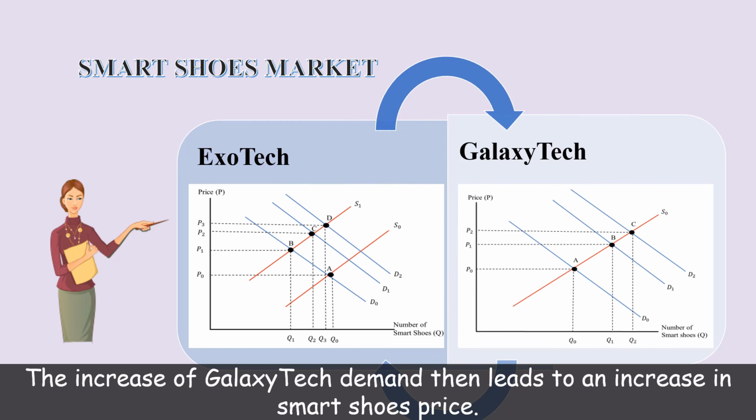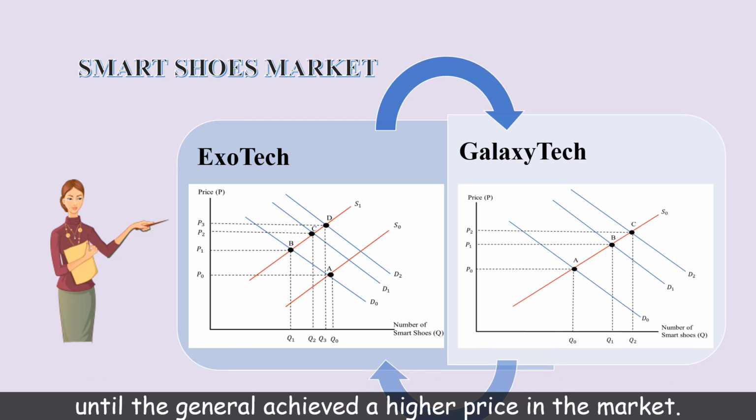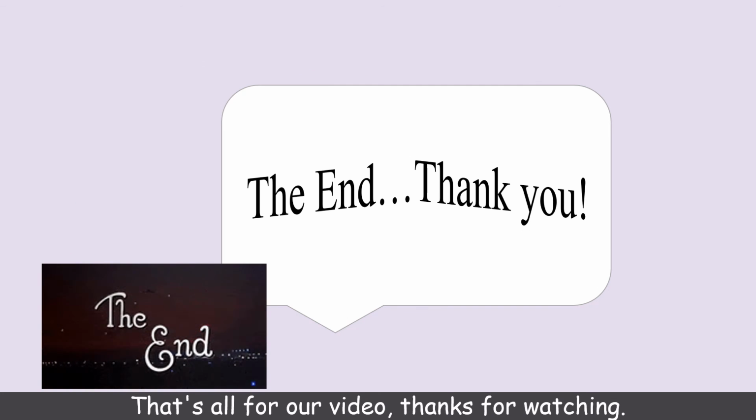The increase of GalaxyTech demand then leads to an increase in smart shoes price. The feedback effect and spillover effect will continue affecting both of the markets until the general equilibrium is achieved at a higher price in the market. That's all for our video. Thanks for watching.